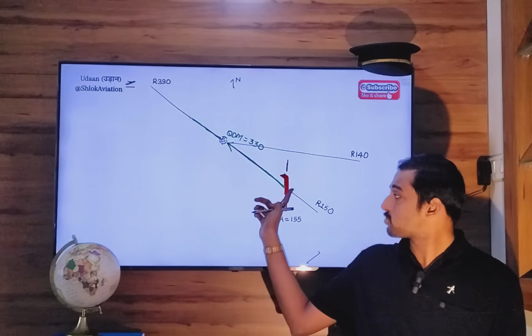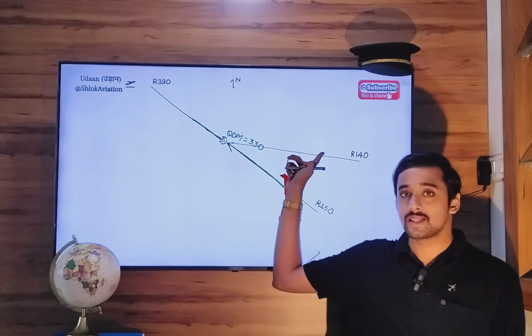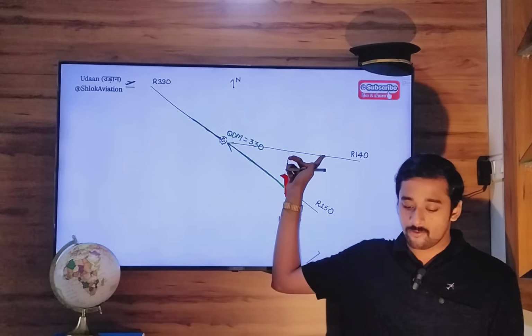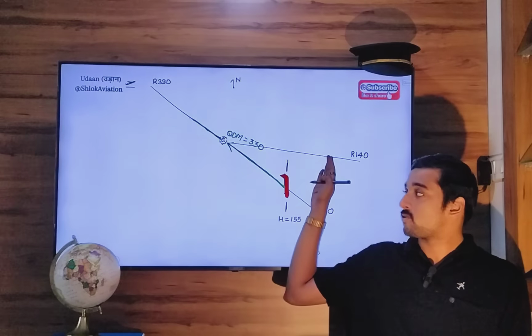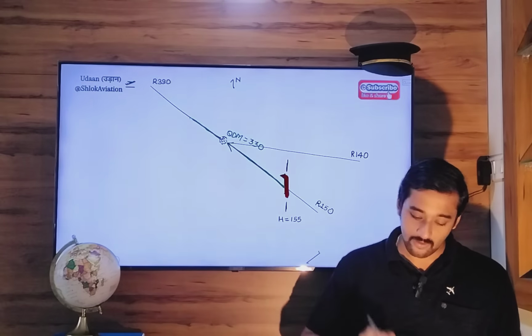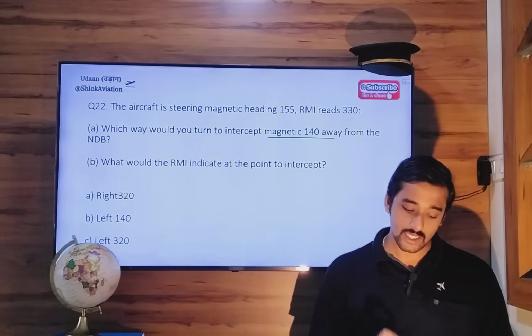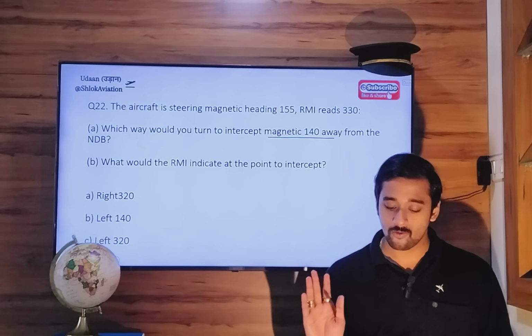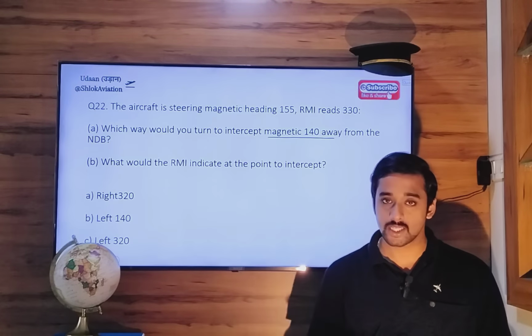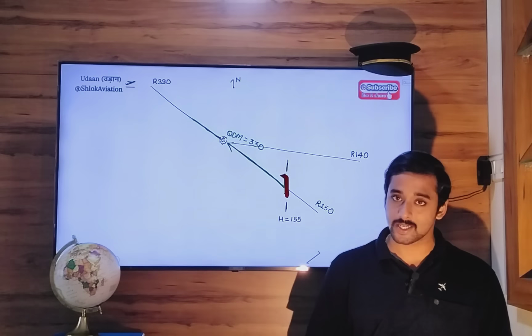So now from this position, you have to go to that track 140, and then fly that track outbound as given in the question. But the question has just asked which way would you turn to intercept a track of 140 away from the station or outbound from the station.